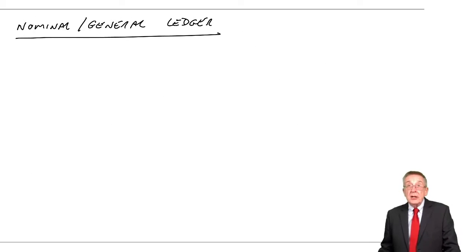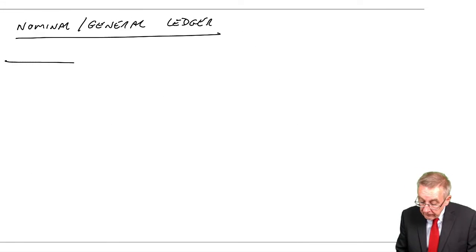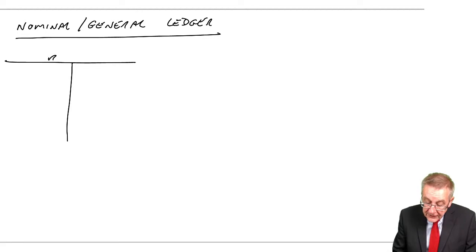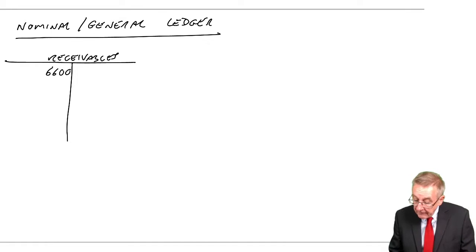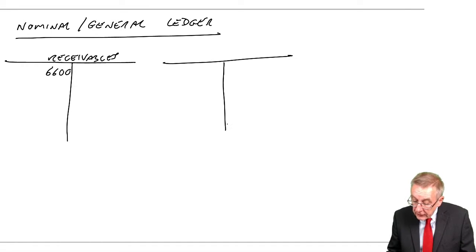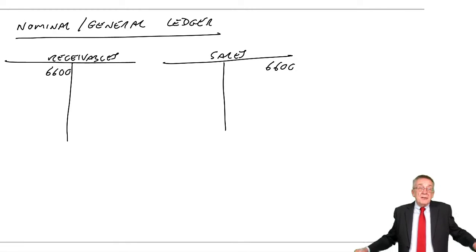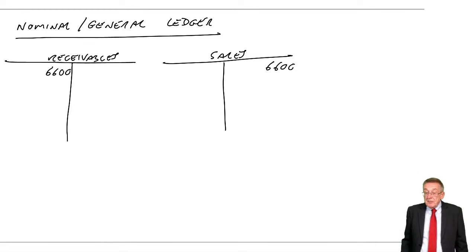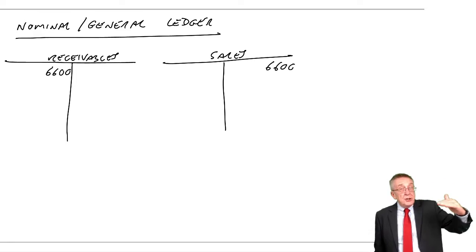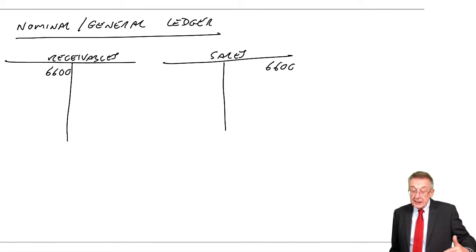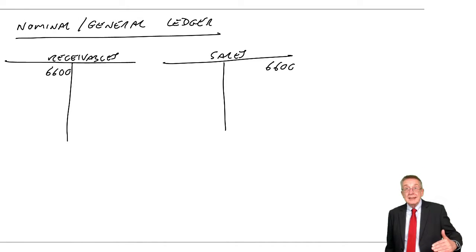And so in the nominal, the general ledger, we'll debit receivables account with 6,600. We'll credit sales. So whether there were 5 sales on credit or 5,000, doesn't matter. Every individual sale on credit was listed in the sales journal or the sales day book.